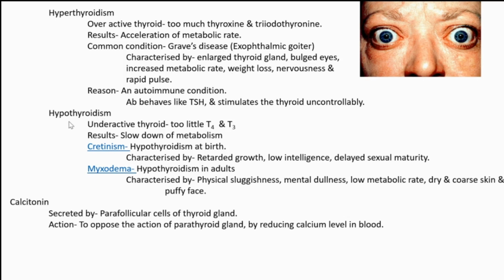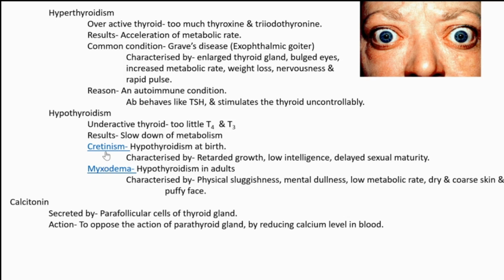Then hypothyroidism. Hypothyroidism is an underactive thyroid. Too little T4 and T3, and this results in a slowdown. Here is the opposite effect: slowdown of metabolism. Two conditions may result.